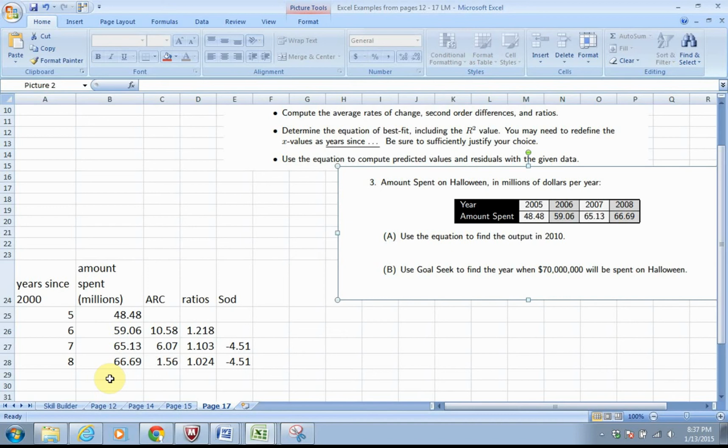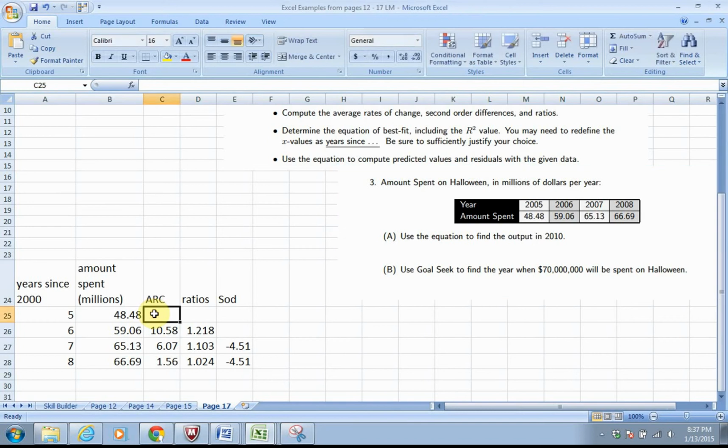The first thing that we're asked to do is to calculate the average rate of change. And you may remember that this first cell in the average rate of change column is always blank. You don't have an average rate of change because remember, you need 2 different data points to get your average rate of change. So I'm going to double click on this cell so you can see the formula that I used.